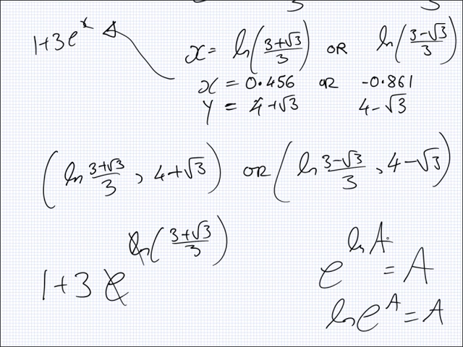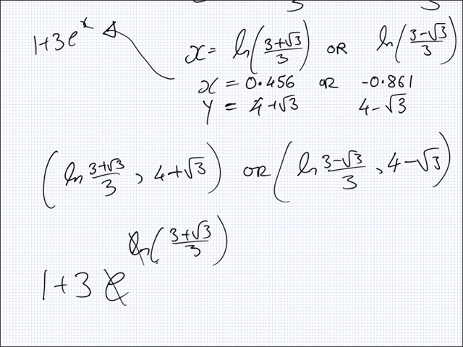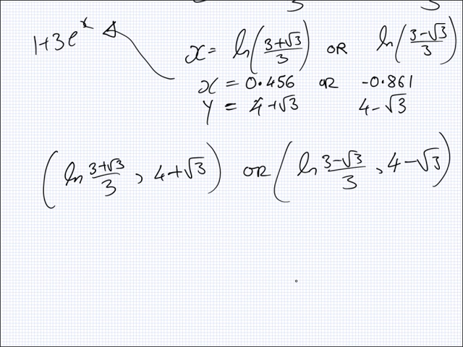You can test it out on the calculator. If you type in e log 7, you get 7. So then what this becomes is 1 plus 3 times 3 plus root 3 over 3, but then I see that those cancel, so 1 plus 3 is 4 plus the root 3. Can you please scroll up a bit?